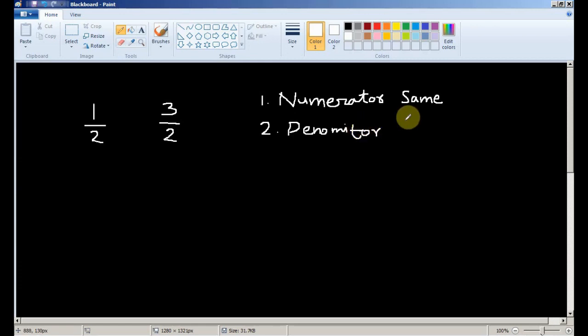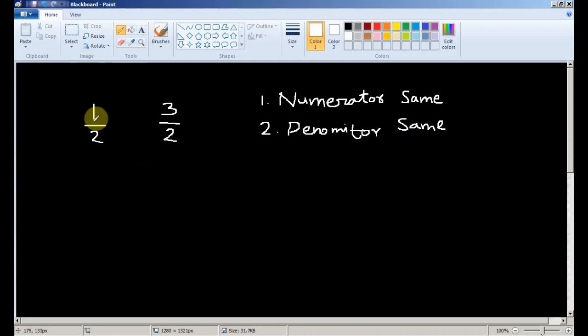So these are the two cases: either the numerator is the same or the denominator is the same. If the denominator is the same, compare the numerators.